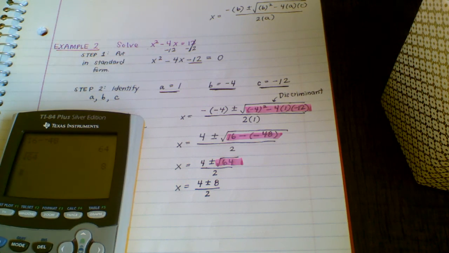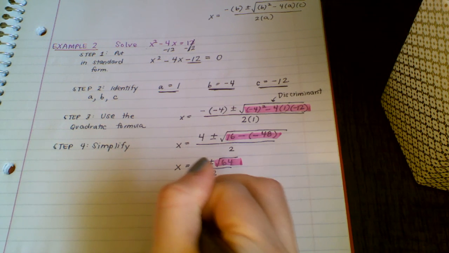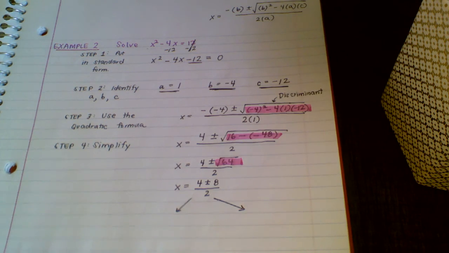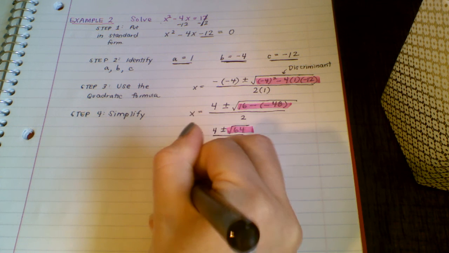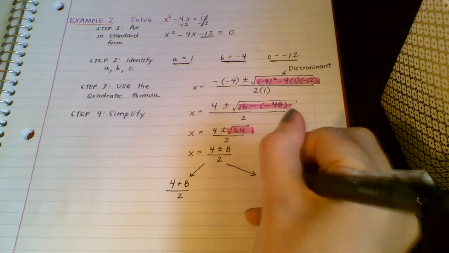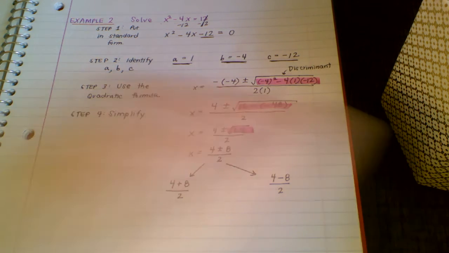Ooh, I love this problem. So 4 plus or minus 8 divided by 2 means, this looks familiar to us, hopefully, 4 plus 8 divided by 2, and 4 minus 8 divided by 2.